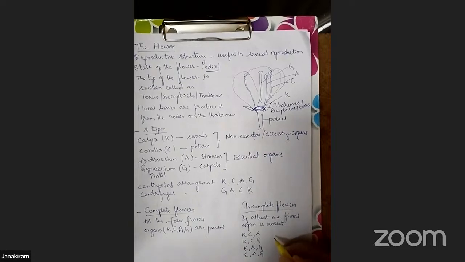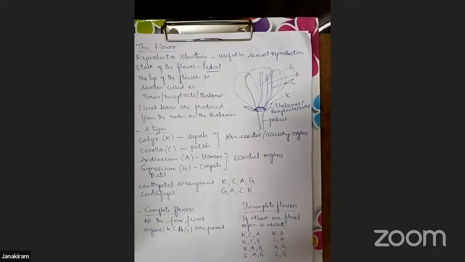Sometimes they may lack 2 structures. Like sometimes they may have only calyx and androecium, corolla and androecium, calyx and gynoecium, corolla and gynoecium. So in this combination, 2 structures are present only, and 2 structures are absent. It is also a type of incomplete flower. For example, if we take Cyathium inflorescence, there we say that the flowers are achlamydeous. Achlamydeous means the non-essential organs are absent.